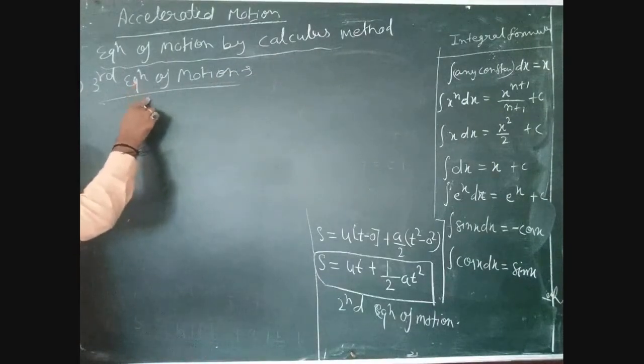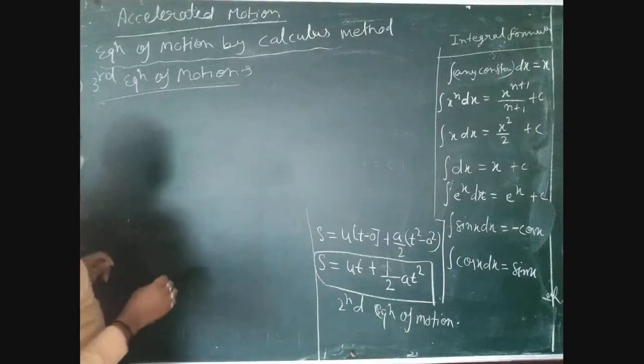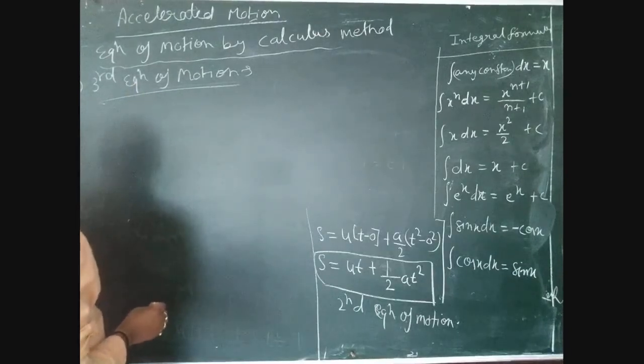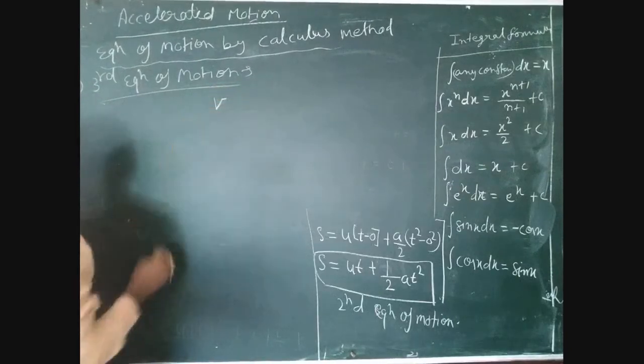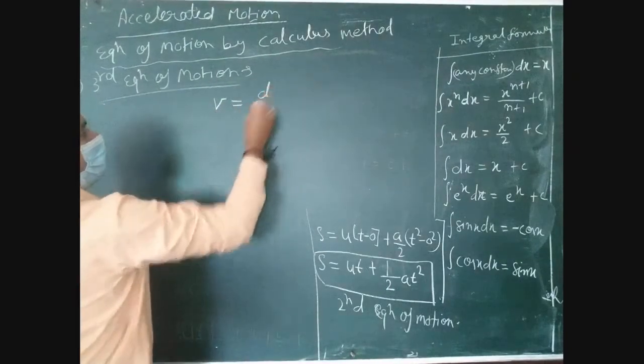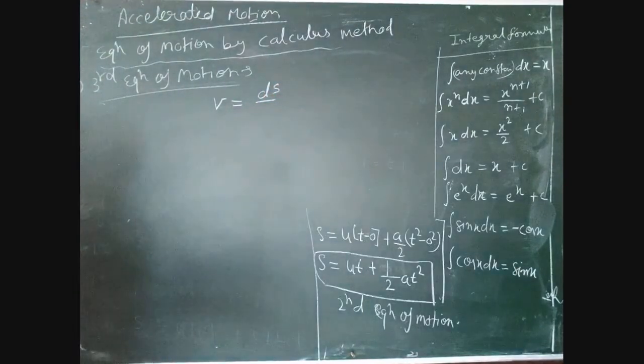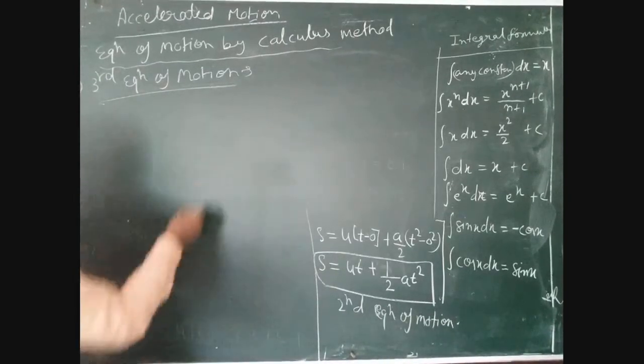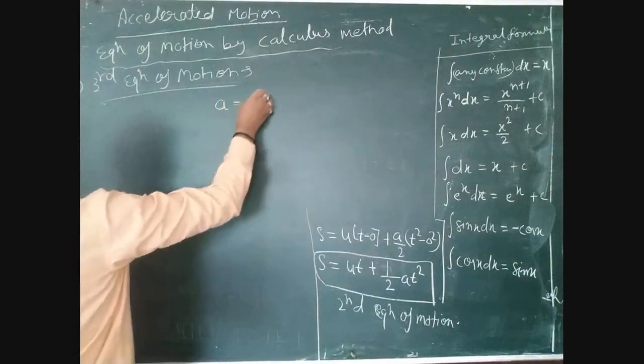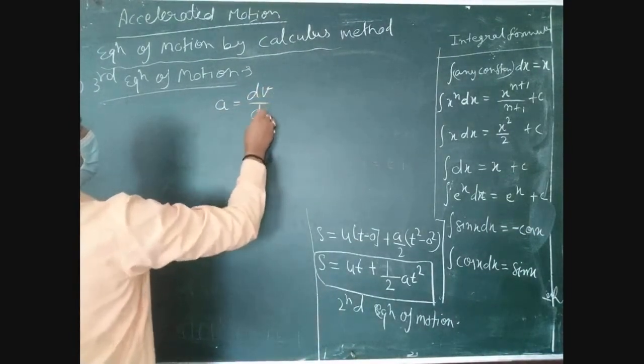To derive the expression for the third equation of motion, as we know, velocity is given by the rate of change of displacement, and acceleration is given by the rate of change in velocity.